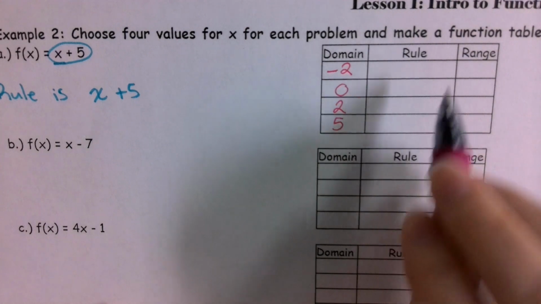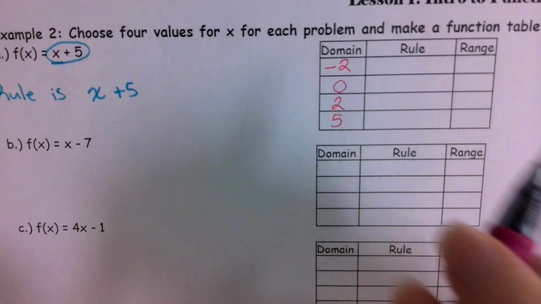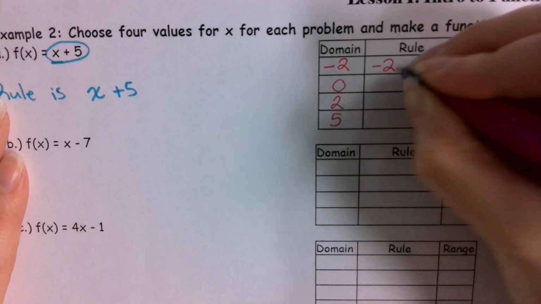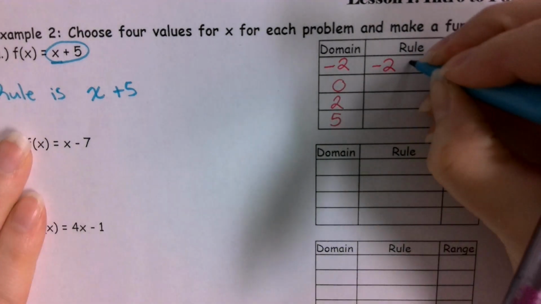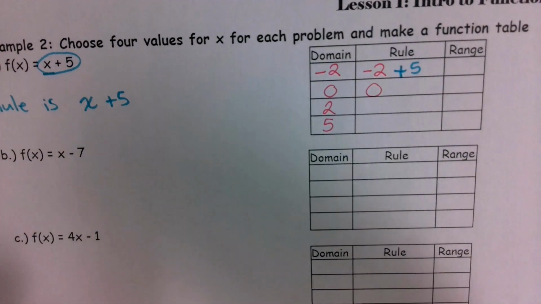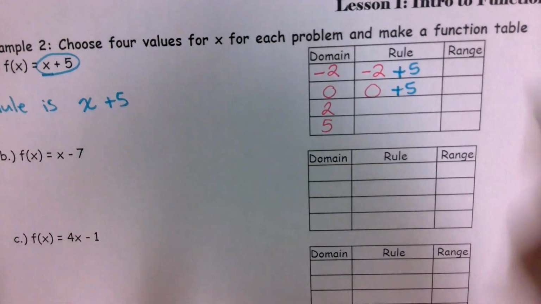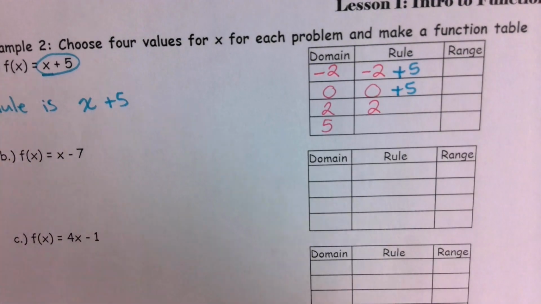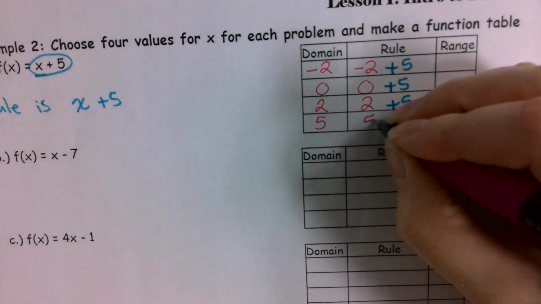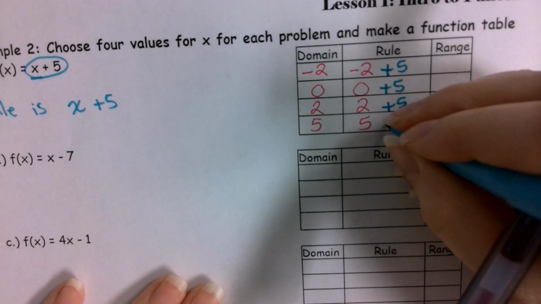So we're going to replace our rule. Instead of x plus 5, it's going to be -2 plus 5. It's going to be 0 plus 5, +2 plus 5, and then 5 plus 5.